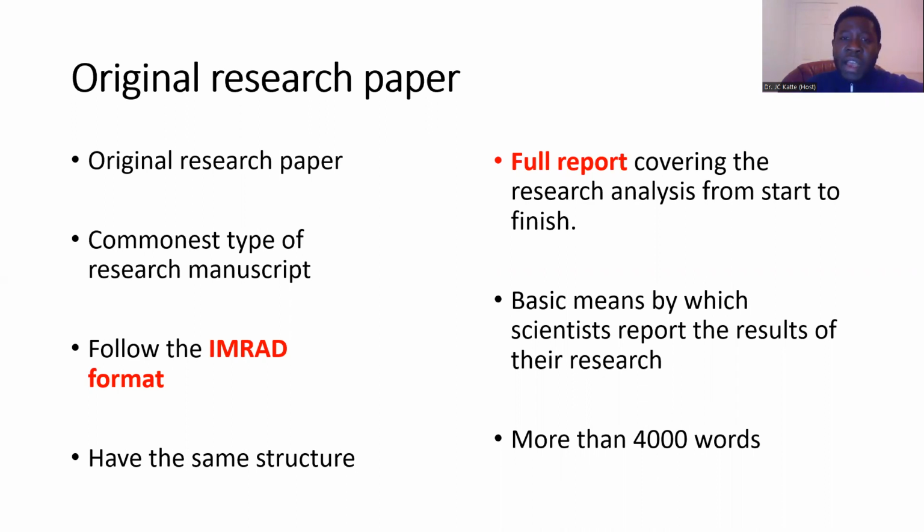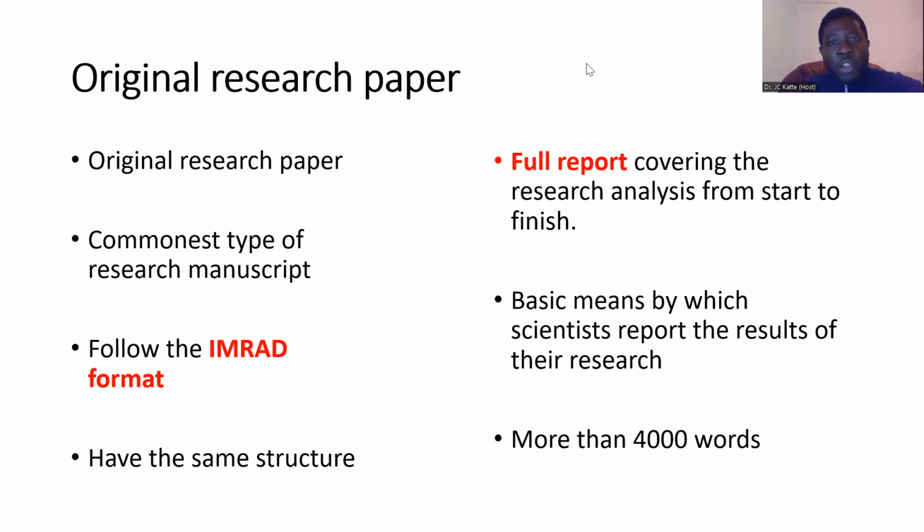In the original research paper, the author is just bringing the report of what he has found out after his research, so the results, and it usually accepts anything from 4,000 to 5,000 words. I think the key words here are that it's a full report. It's a full report. So that is it for the original research paper.